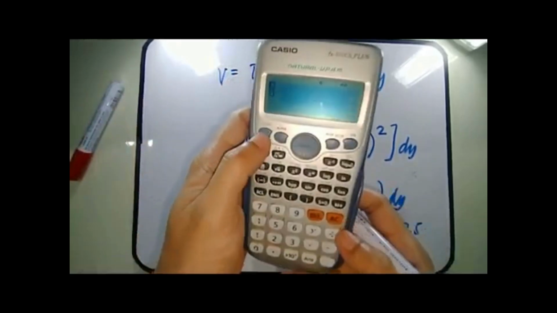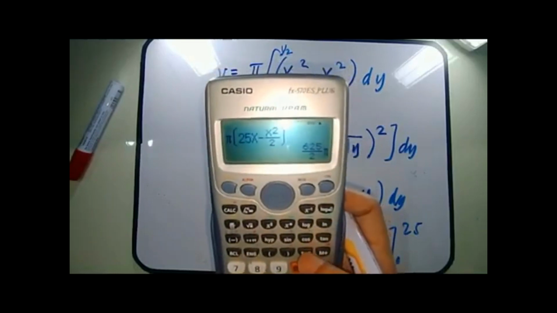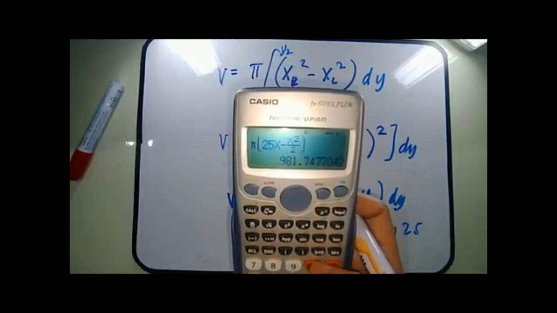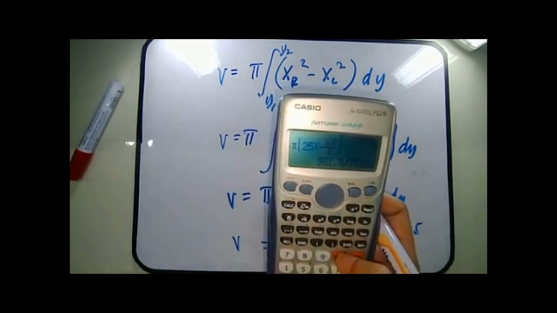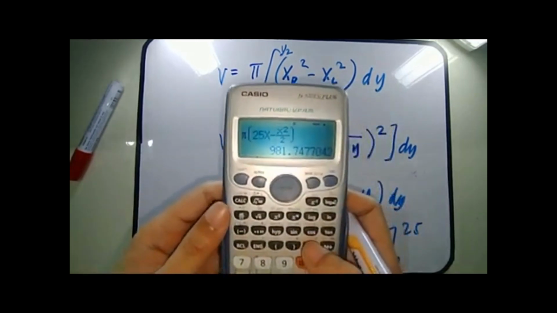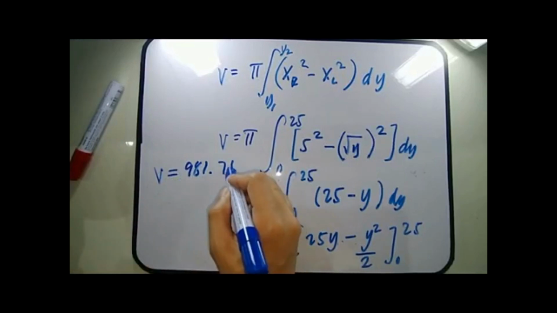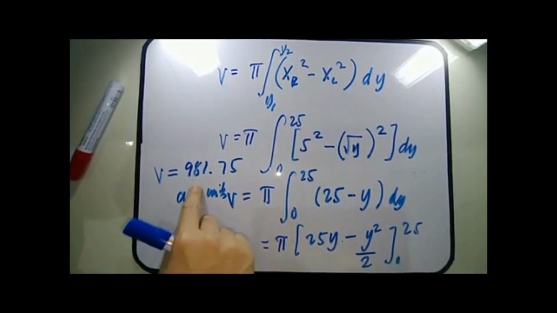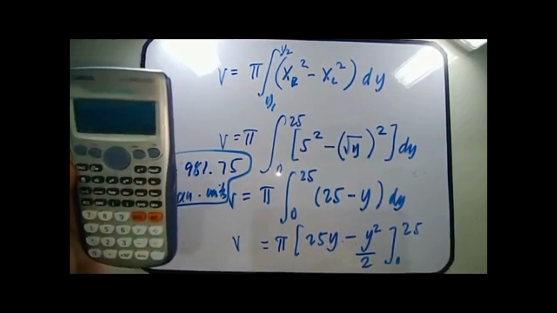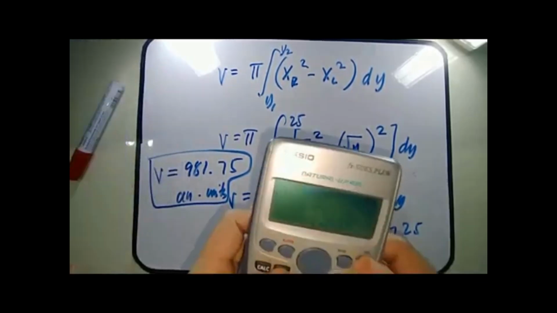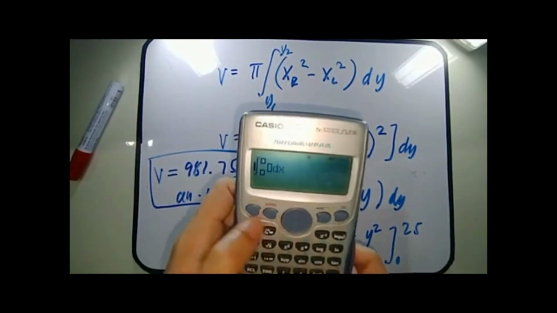Then, calculate natin guys. So, this will be 625 pi all over 2, or we have here 981.75. So, volume is 981.75 cubic units. So, ito guys, yun ang final answer natin. But in the board exam, kung nakuha mo na to guys, you just need to input nung integral natin.